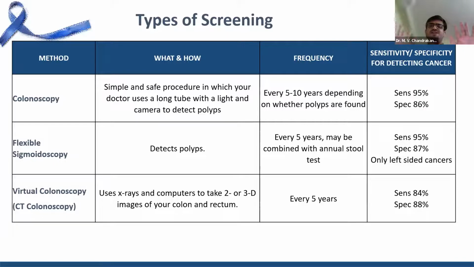You have 3 to 4 years at least before the polyp becomes cancer. Therefore, we should not miss this opportunity of a danger sign in the initial part of symptoms.